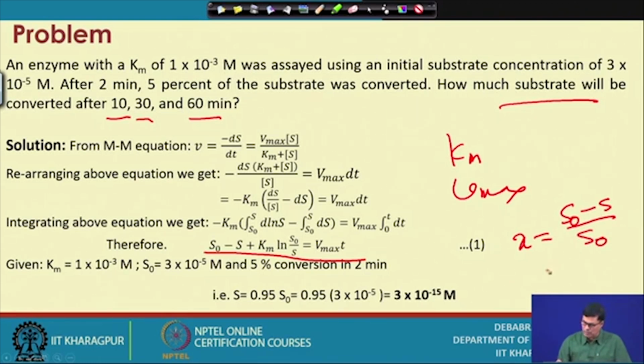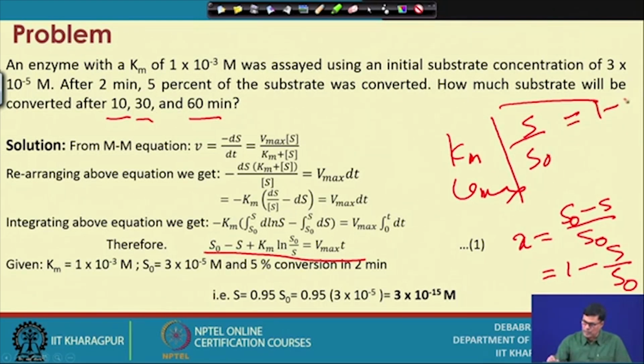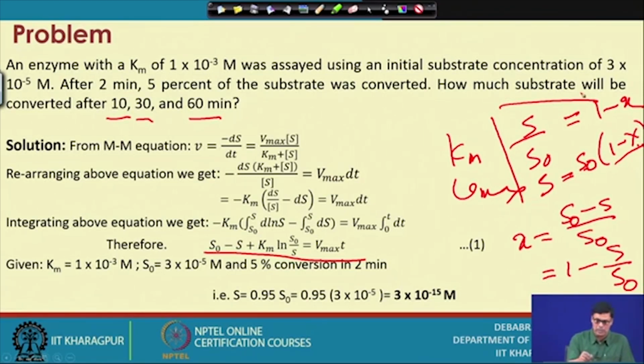So we can write, in terms of x, S by S0 equals 1 minus x, so S equals S0 times 1 minus x. In this way we can convert this term into the form of S0 and x. X is nothing but how much substrate is converted, and that is exactly what we have to find out.